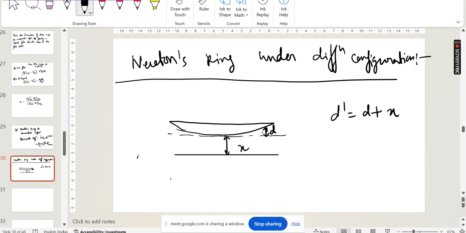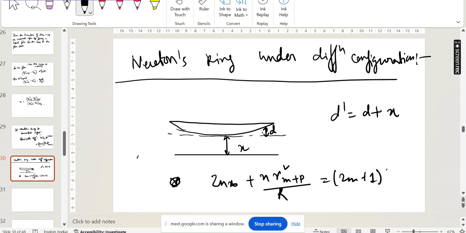So the radius are, so the equation became 2nx plus n r square m plus p by r is equal to 2m plus 1 lambda by 2.